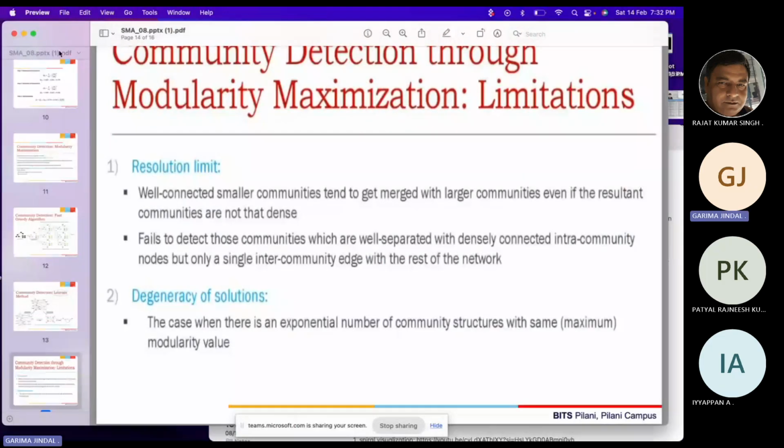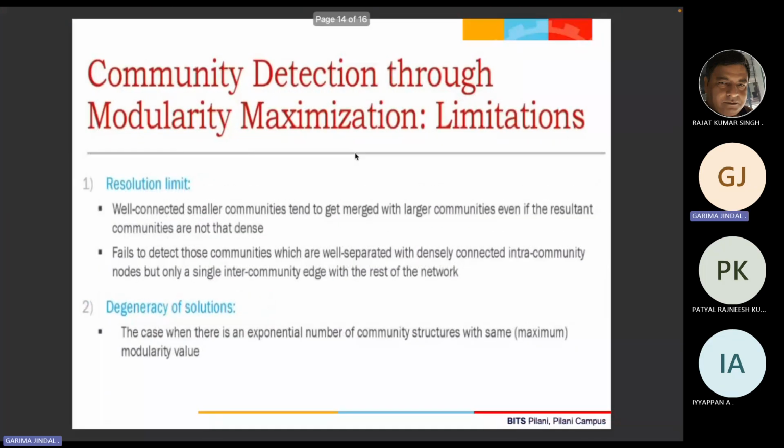And this was the limitation of the modularity based algorithm. One was the resolution limit. What is the resolution limit? It says that whenever we have well connected nodes, for example cliques, it is difficult to identify such communities.